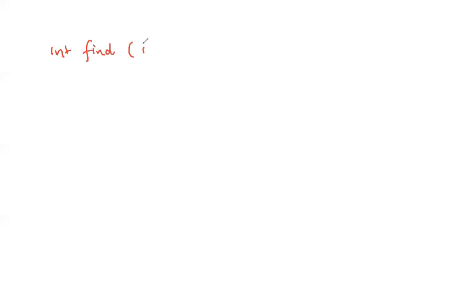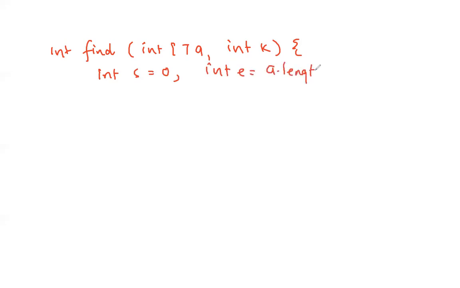Integer find, integer array A, and then we have an integer K, which is our key. Our first lines of code are always the setup. Now we have to find the key, so what will we do?